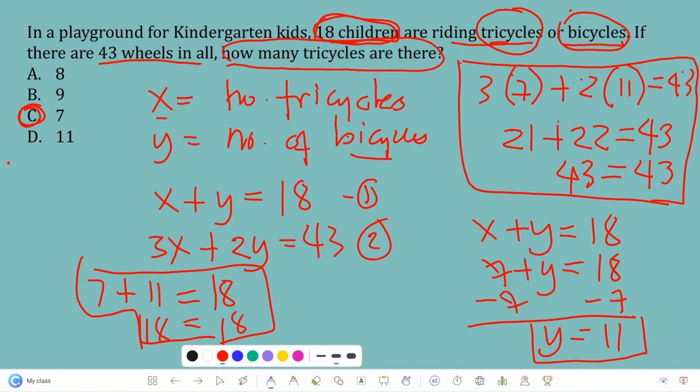And then, pangatlo, you try to have two equations. And lastly, hanapin mo ang values ng x and y using both equations. You can either add, subtract, or multiply a number in order for you to be able to eliminate one variable.